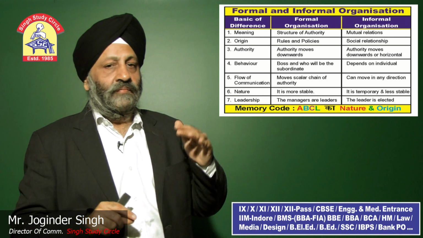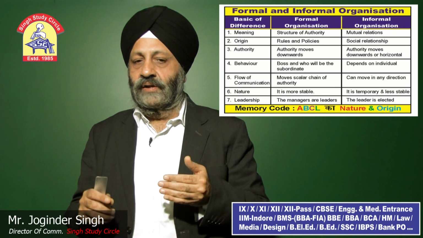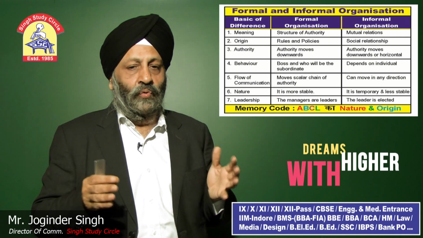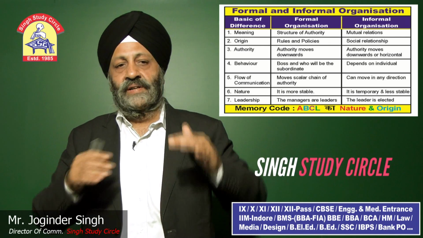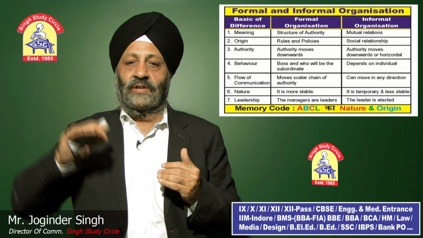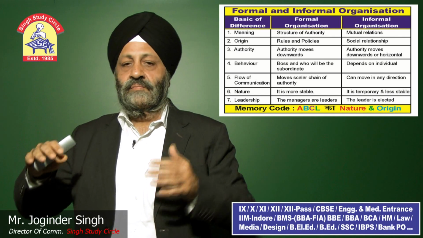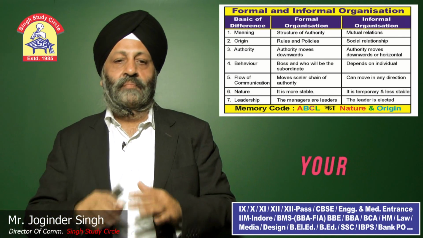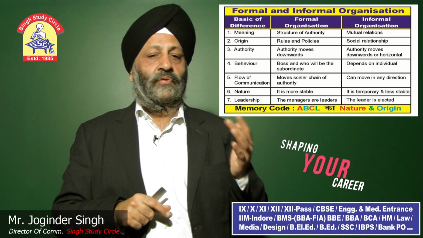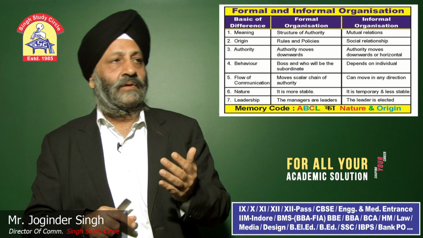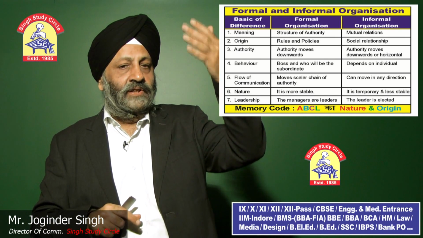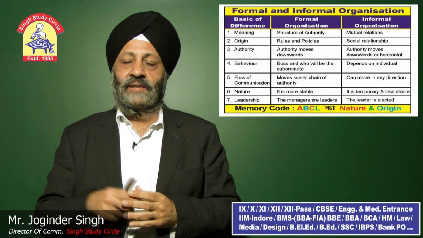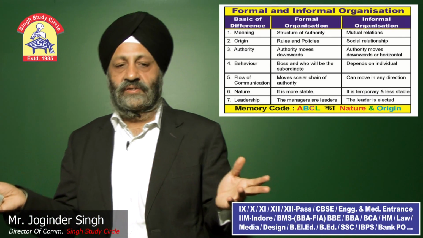Similarly, behavior. In formal organization, who will be the boss and who will be the subordinate is decided by the firm. But in informal organization, it is decided by the individual group. Then flow of communication. In formal, communication is always through the scalar chain, flowing from top to bottom. But in informal, it can move in any direction.